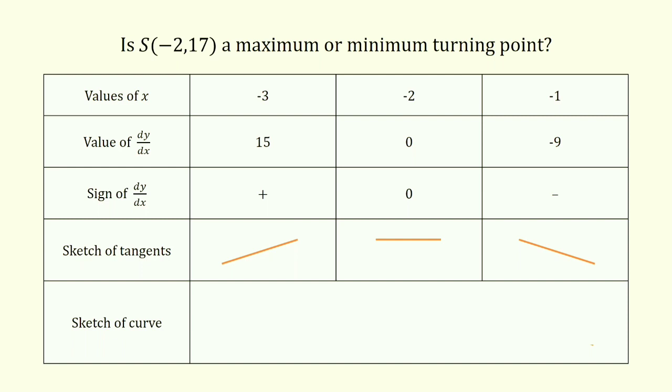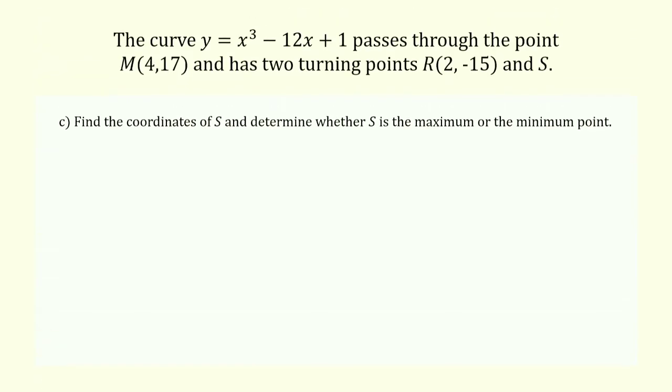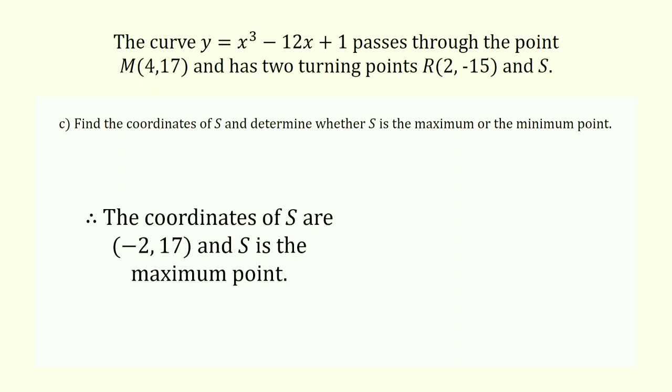Now if we sketch this curve, we will get an upside down U shape. This proves that it's a maximum turning point. Now we can conclude that the coordinate of S is (negative 2, 17), and it is the maximum turning point. And below we can see the graph of the curve, which will show that S is the maximum turning point and R is the minimum turning point.